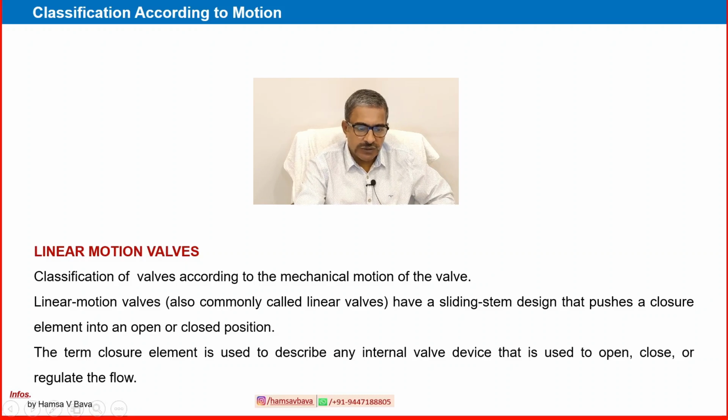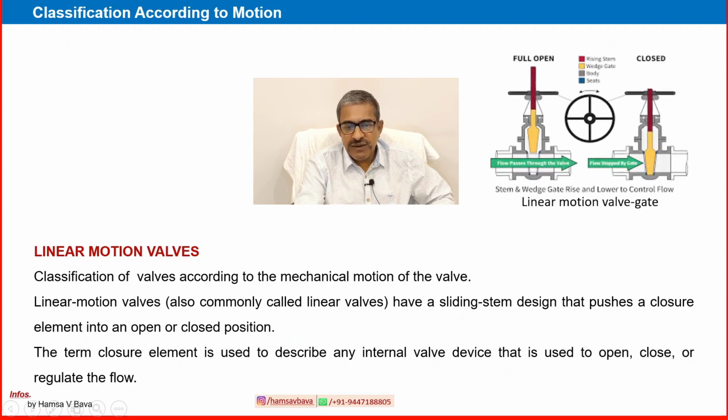Linear motion valves, also commonly called linear valves, have a sliding stem design that pushes a closure element into an open or closed position. The term closure element is used to describe any internal valve device that is used to open, close or regulate the flow.